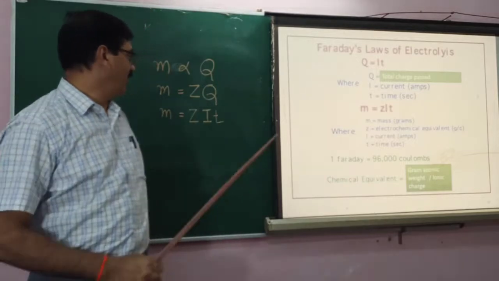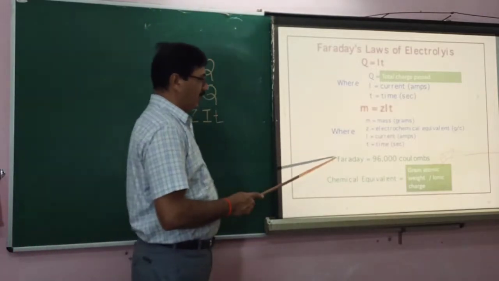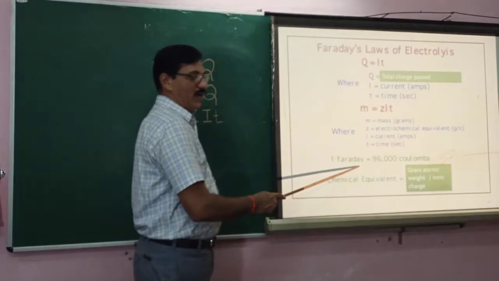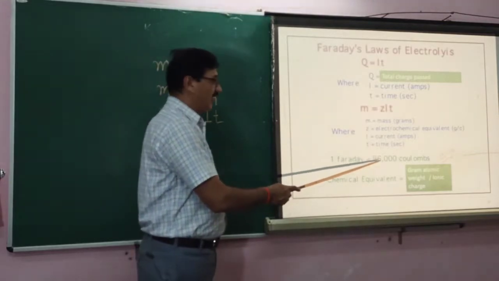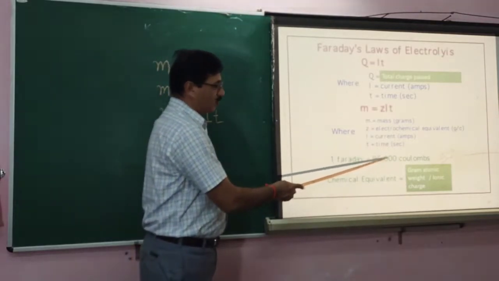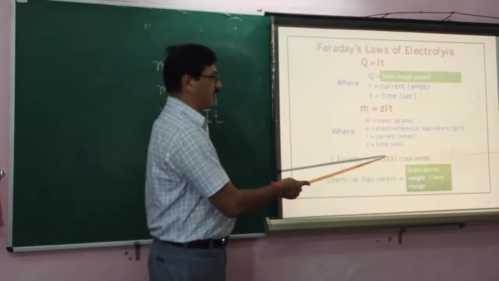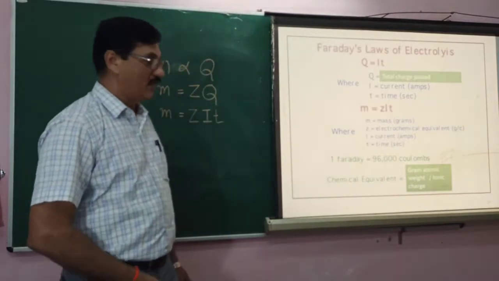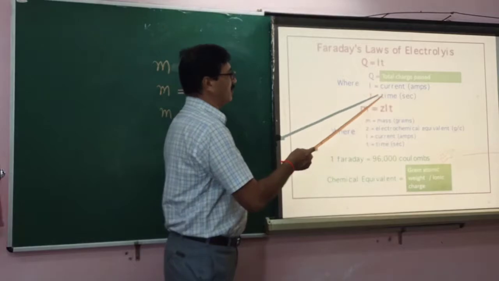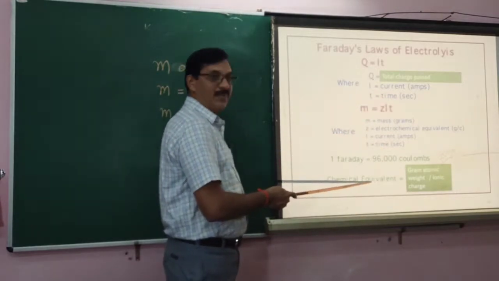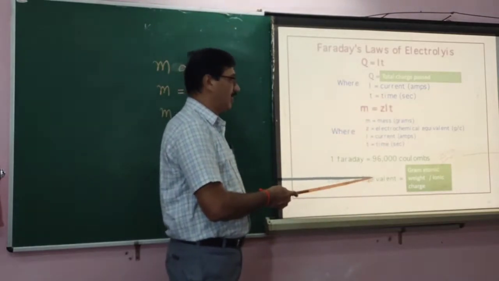Now here, remember that there is a constant called 1 Faraday, whose value is nearly equal to 96,500 coulombs, and Z is called the electrochemical equivalent.